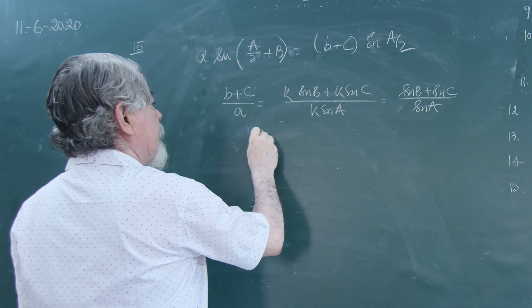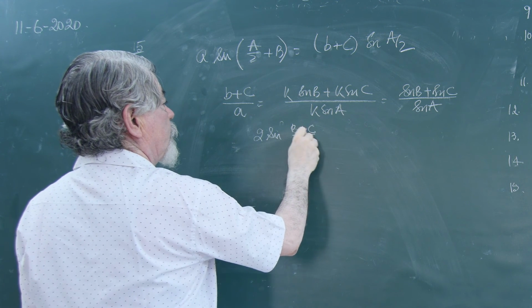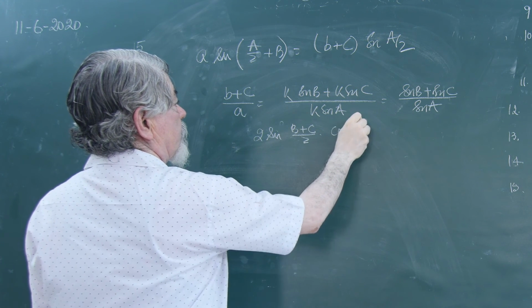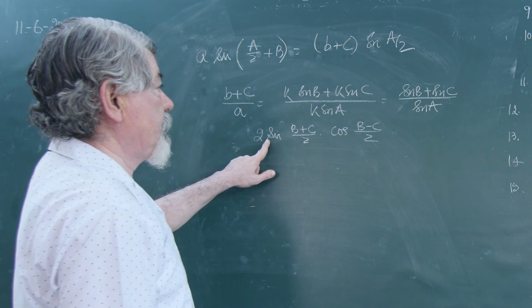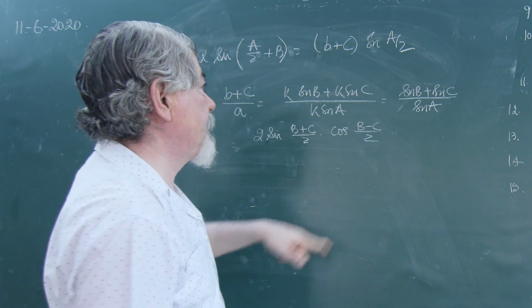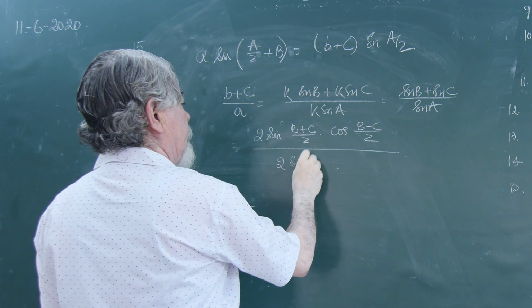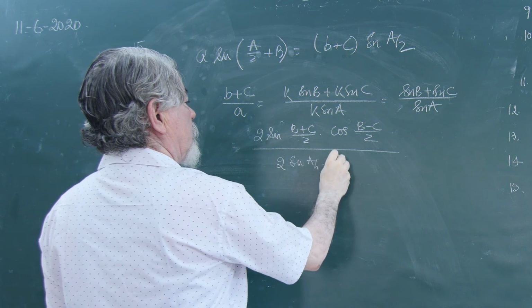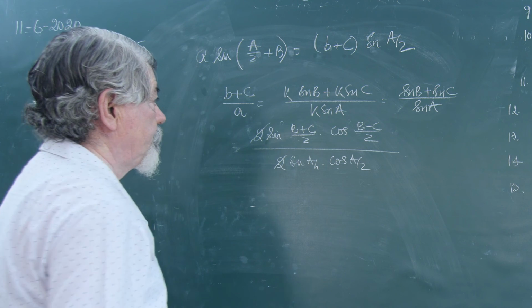So it will be 2 sine B plus C upon 2 cos B minus C upon 2 upon 2 sine A by 2 cos A by 2. This 2 will cancel.